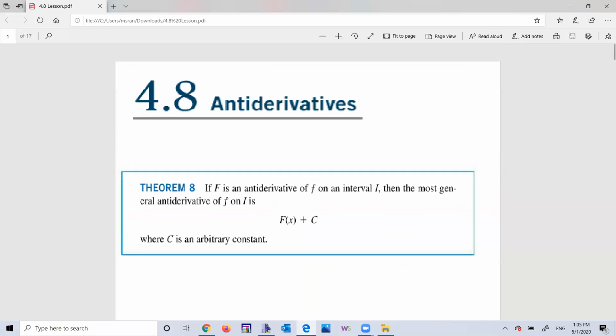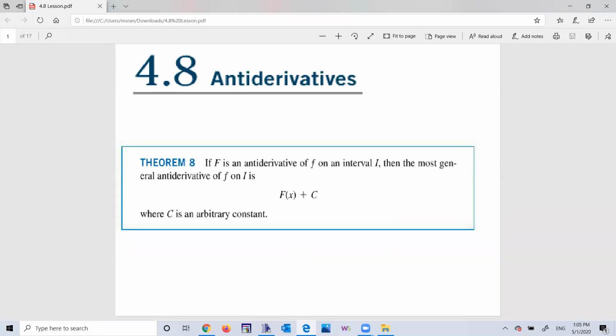So 4.8, remember that this section is called antiderivatives. You already know how to do derivatives, and you know certain formulas for taking the first or the second derivative of a function, right? We know the power rule, the quotient rule, the product rule, and then there are special formulas for derivatives, like what is the derivative of ln of x, what is the derivative of e to the x, and stuff like that.